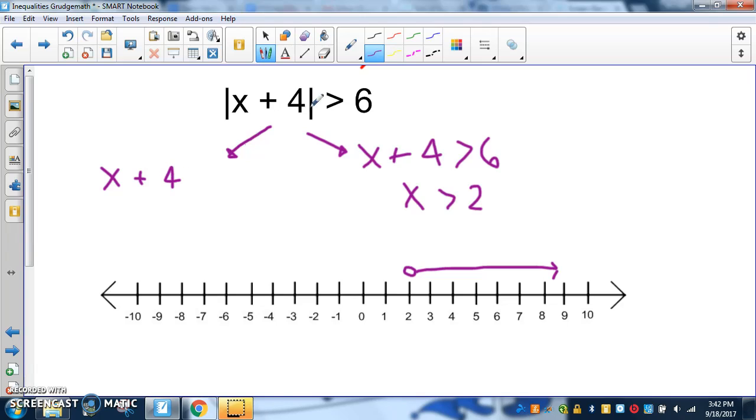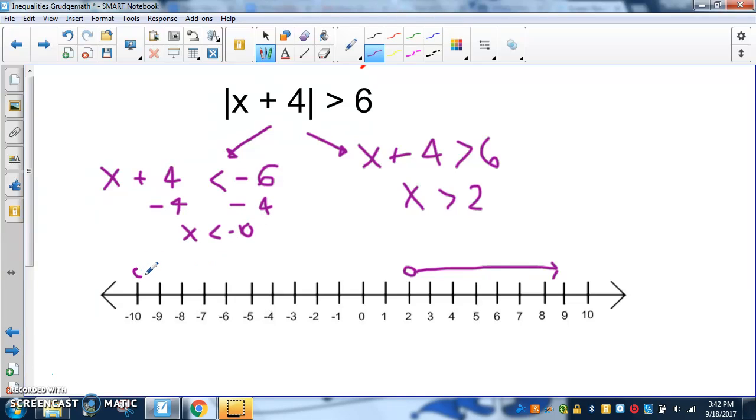I'm going to switch my inequality sign. So now instead of greater than, I'm going to be less than. And instead of positive 6, I'm now going to be negative 6. Now that I'm here, I'm going to go ahead and solve it the same way that I did before, minus 4 from each side, and I will get x is less than negative 10.